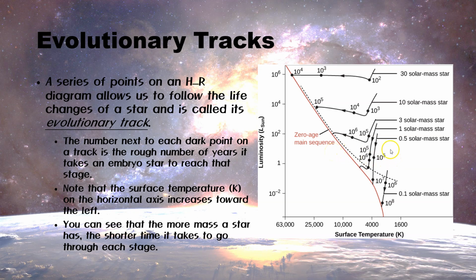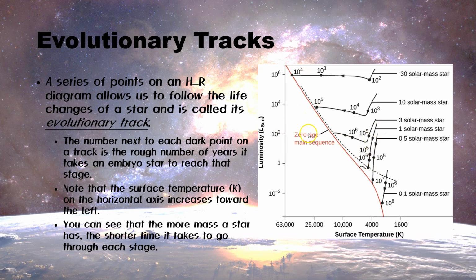So for example here, here's an example of my different solar masses. I have a 30 solar mass star. You can see, of course, the different plots here with that star. We have a 10 solar mass star, a 3 solar mass star, a 1 solar mass star, half a solar mass, and 0.1 of a solar mass. If I follow, for example, the 1 solar mass star, which is, of course, our own sun, you can see how it would move through its cycle here, as it slowly transitions through the main sequence.